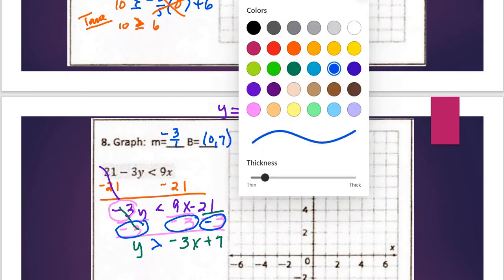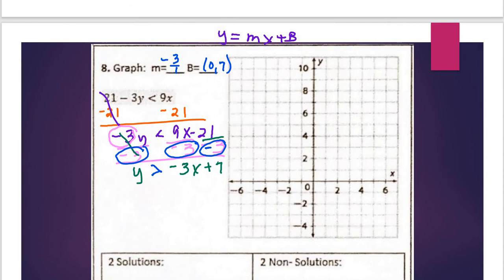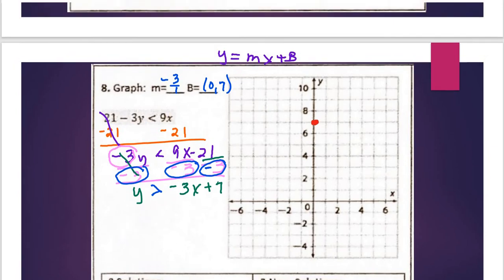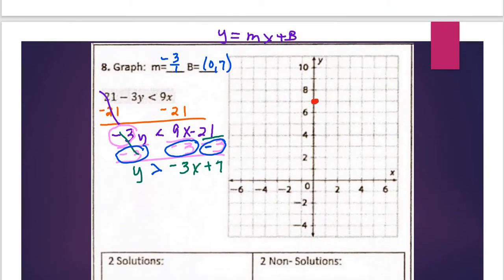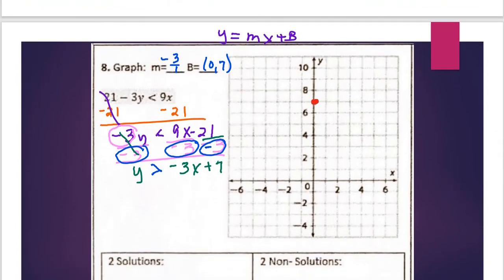And I'm going to start at 0, 7 right here. So I'm going to find 0, 7. So this one right here, we're going to go up 7 places. And so when I look at this, I see that we're going to count up 1, 2, 3, 4, 5, 6, 7, and that one goes up more than I would want to.